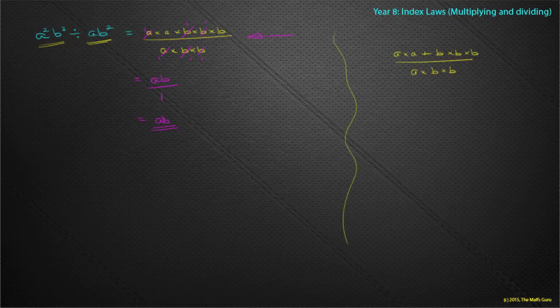I can't use my cancelling rule. You're sitting there probably wondering, well, why can't I? Well, remember, it doesn't work because that plus makes things not work, all right? The cancelling only at the moment works when all the top are multiplying and all the bottom are multiplying.